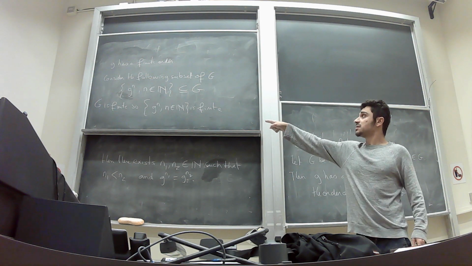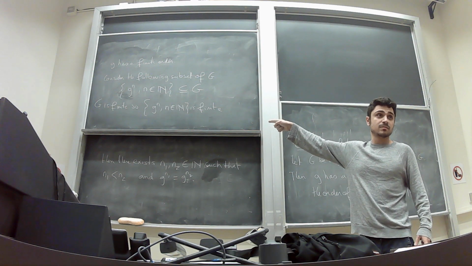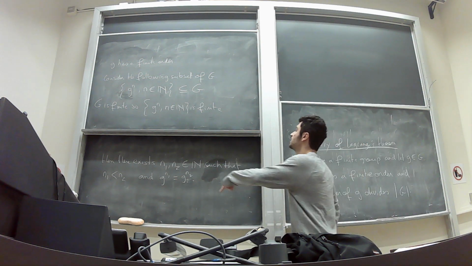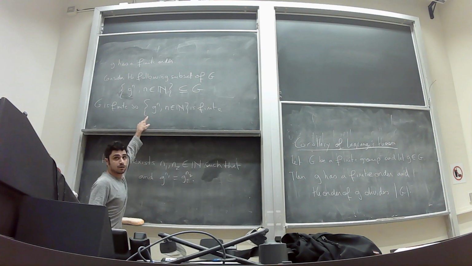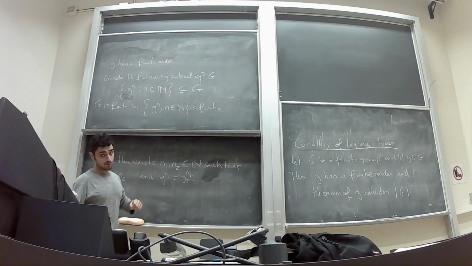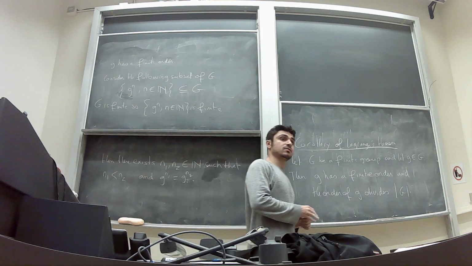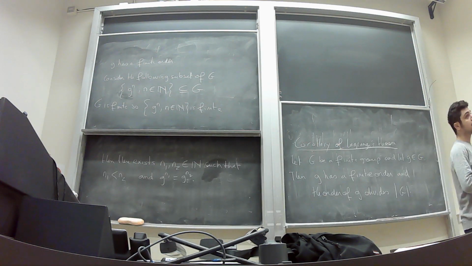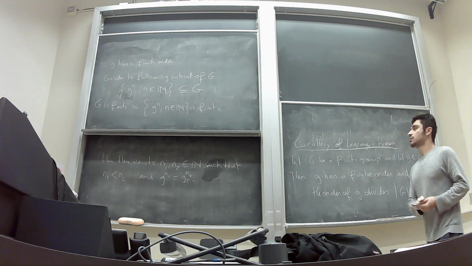This set must contain repetitions, because if all of these are distinct, you would have an infinite set, and G is a finite group. You cannot have an infinite set in a finite group. So what does this mean?